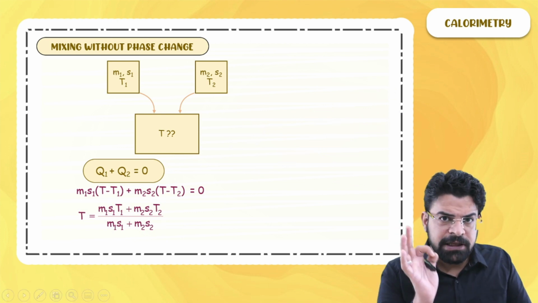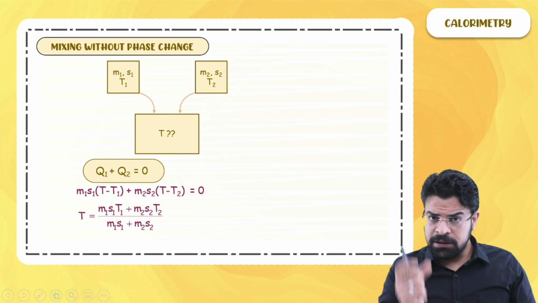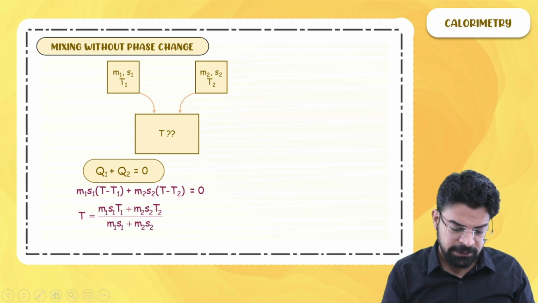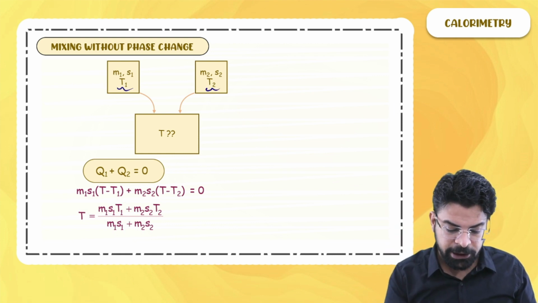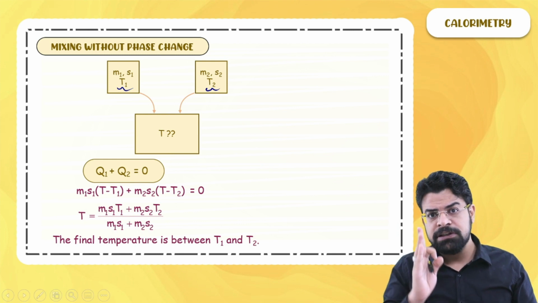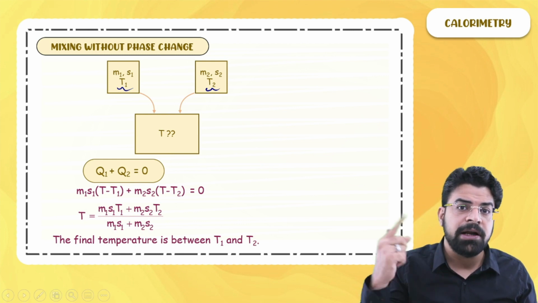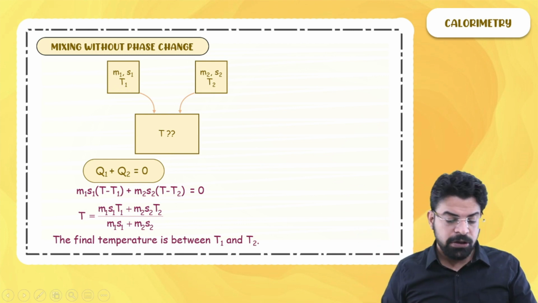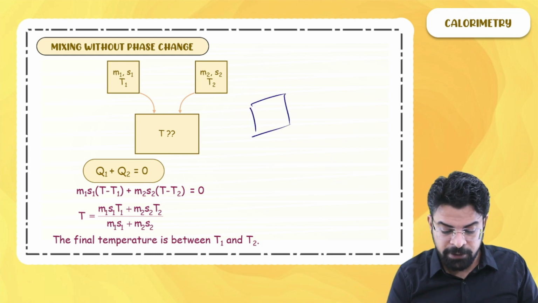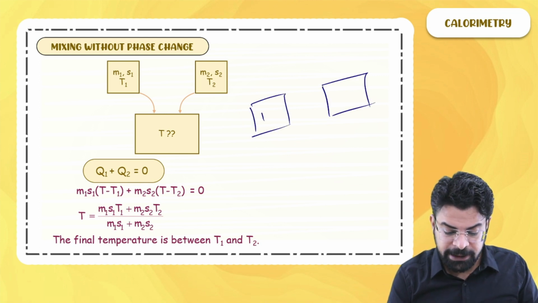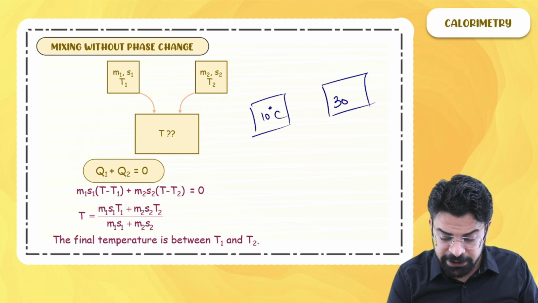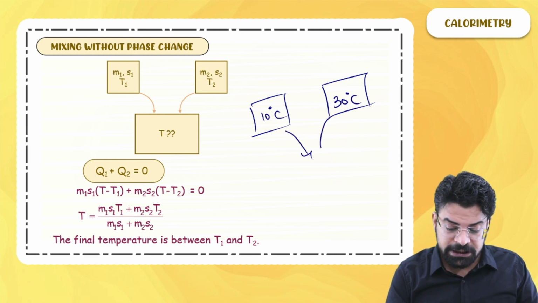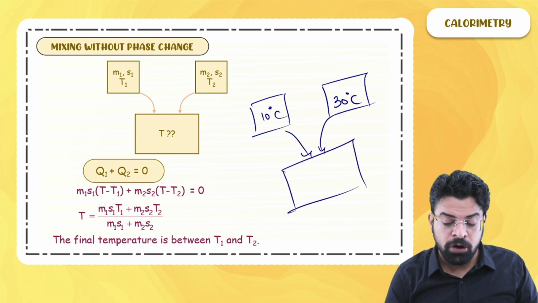There is one thing that you should keep in mind. The final temperature of the system will be between T1 and T2. The final temperature of the system can't be more than the greater and can't be less than the lesser. What does this statement mean? If, let's say, you are mixing two objects at temperatures of 10 degrees centigrade and 30 degrees centigrade. Notice here I haven't said how much mass, how much specific heat.